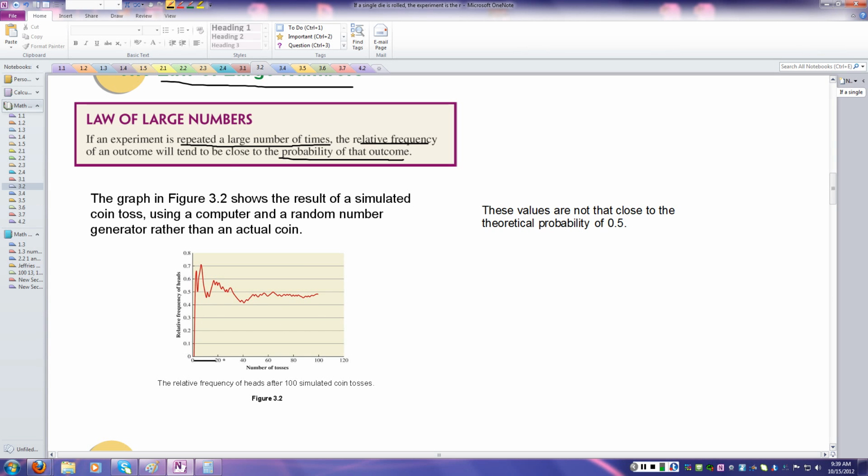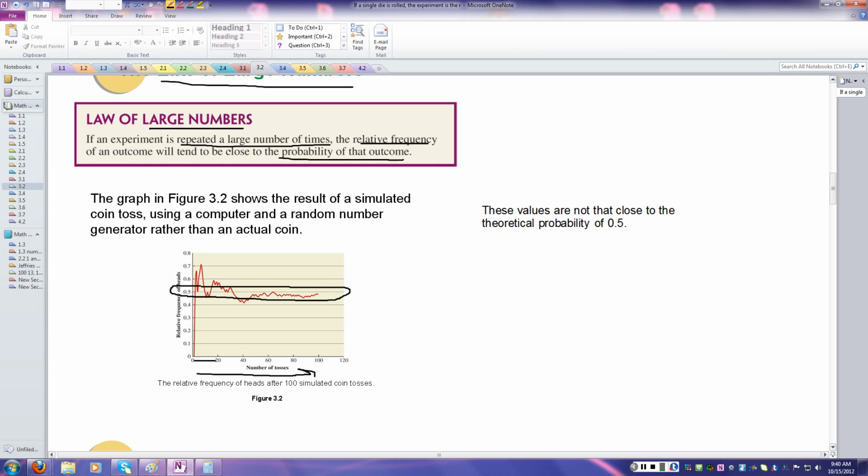So the law of large numbers says if I let the number of tosses get large, then my experimental probability is going to the theoretical probability. These values are not necessarily close to the theoretical probability in the beginning, but it's getting there, and that's the law of large numbers.